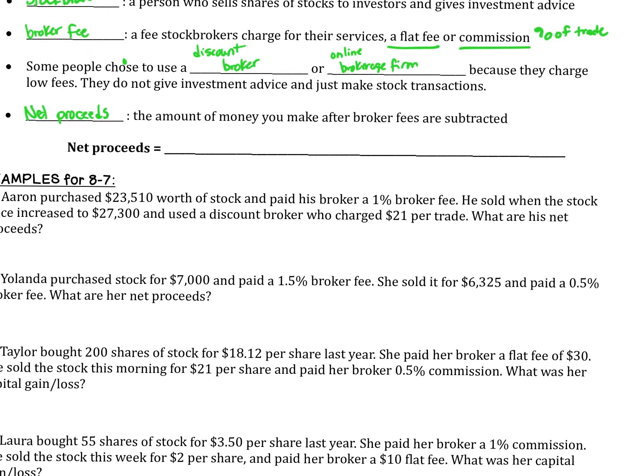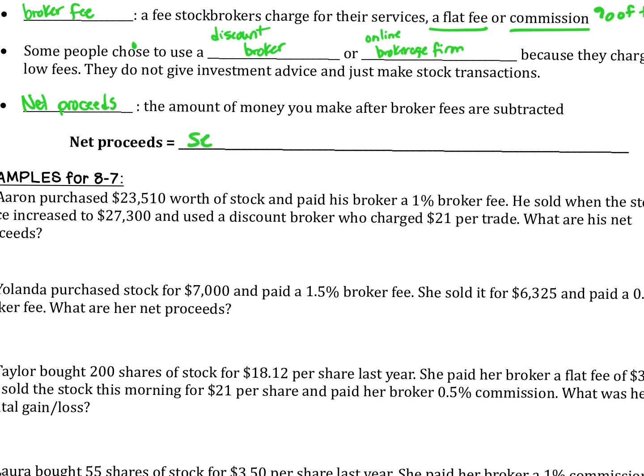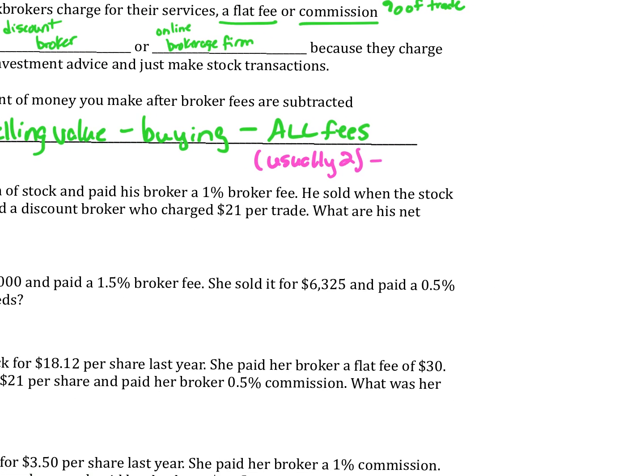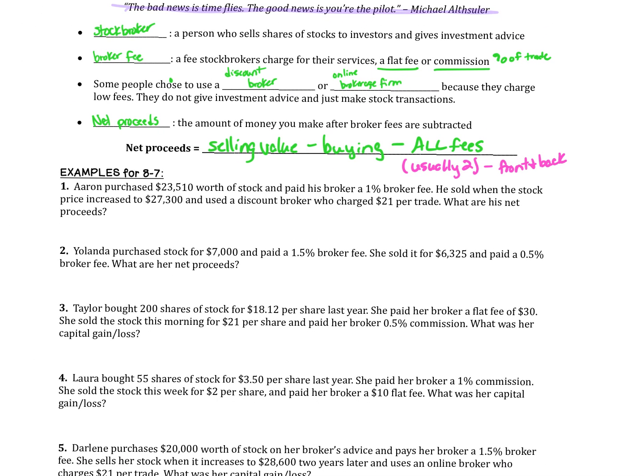Okay, so net proceeds is the selling value minus the buying value minus all fees. And put a little note there, usually 2. Front and back end. So when you do your buying and when you do your selling, that's kind of typical.